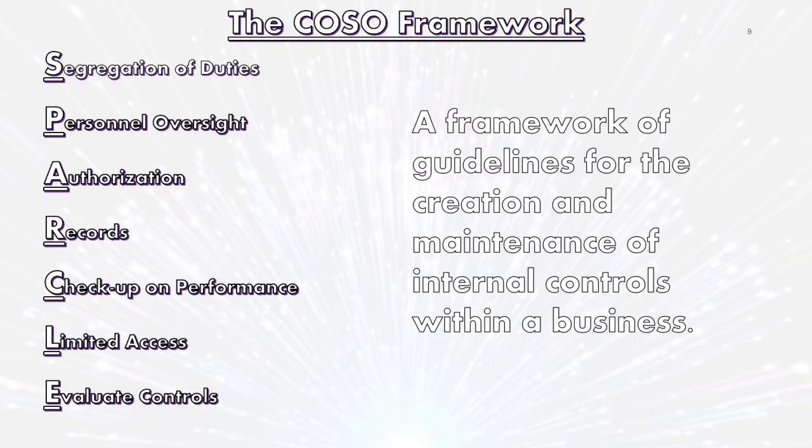L stands for limited access, which goes hand in hand with segregation of duties and authorization to ensure that no one employee has access to transaction codes or areas of the sales process that they do not possess the proper authorizations or permissions to access. Finally, E stands for evaluate controls, which reviews the entire sales process to ensure that the proper number and specification of controls are integrated into each step.